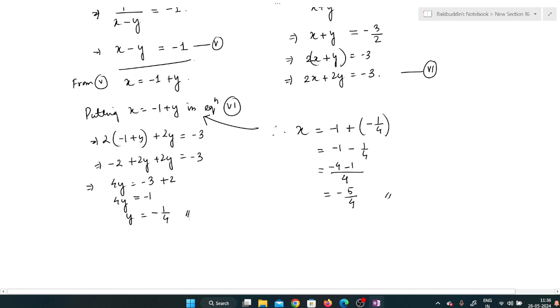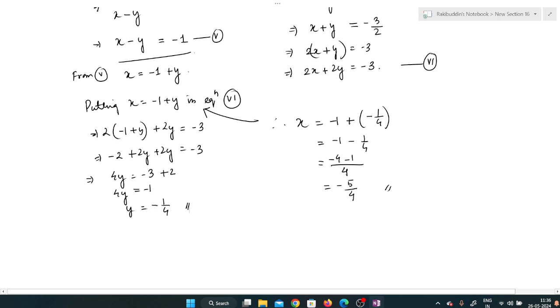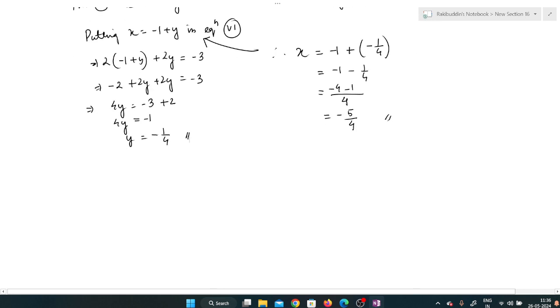Now, another question that I would like to explain is question number 17. Okay. So in question number 17, if you look at the equations, it is given as 3u minus v equals to 5uv.